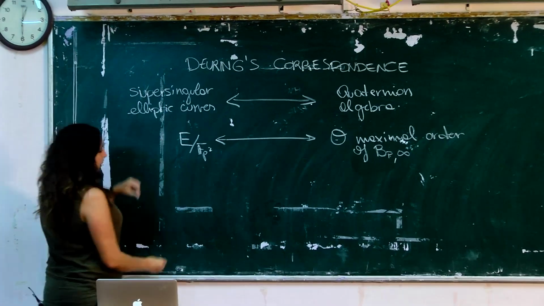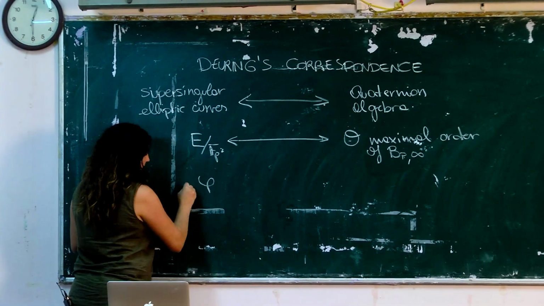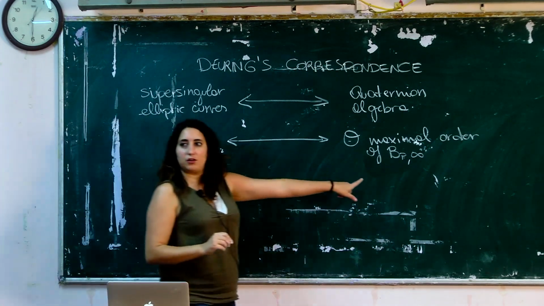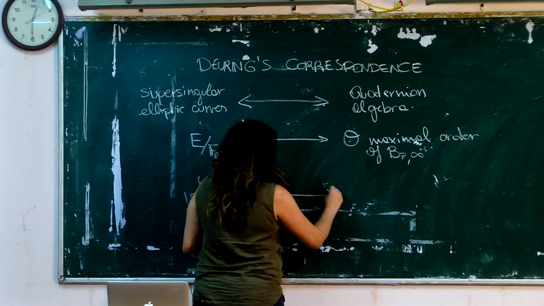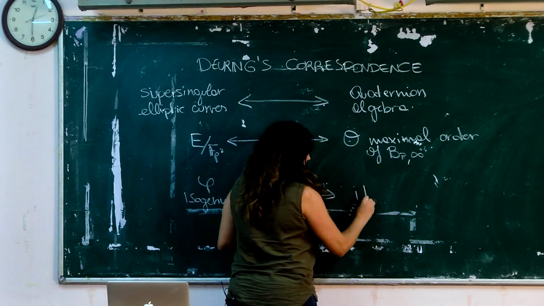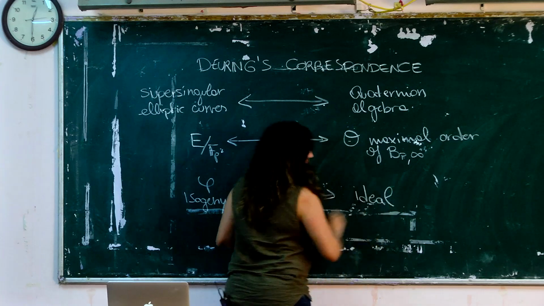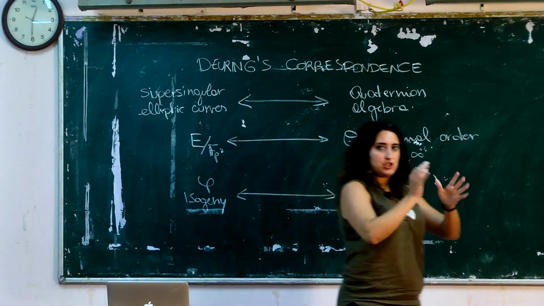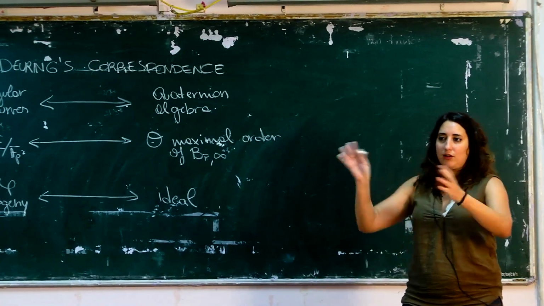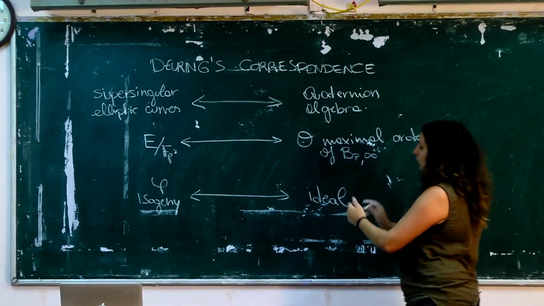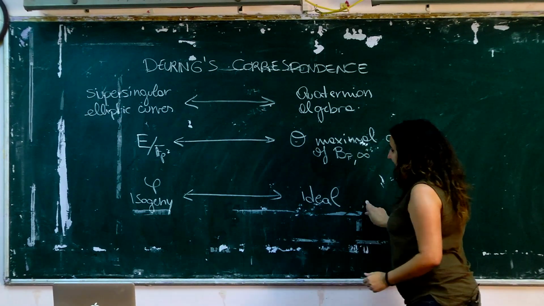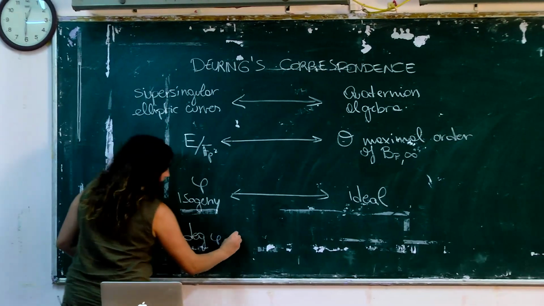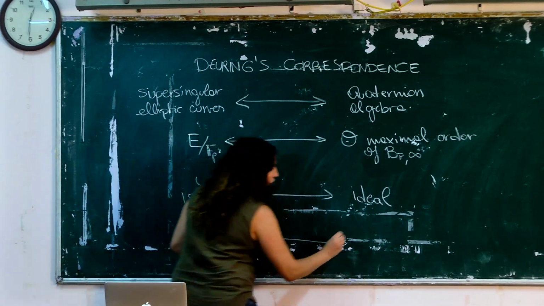And our isogenies, so here phi, an isogeny, in this other world translates into an ideal. Quaternion algebras are non-commutative algebraic objects, so we have to talk about left and right ideals. But this is just to give you a bit of an idea. And the degree of this isogeny, the degree of phi, in this other world will be the norm of the ideal.